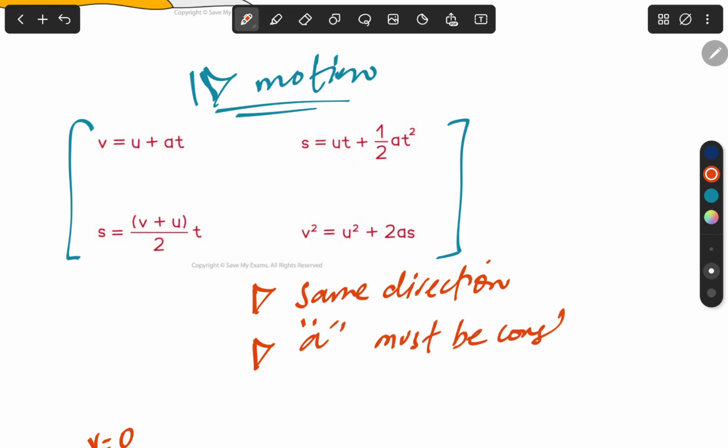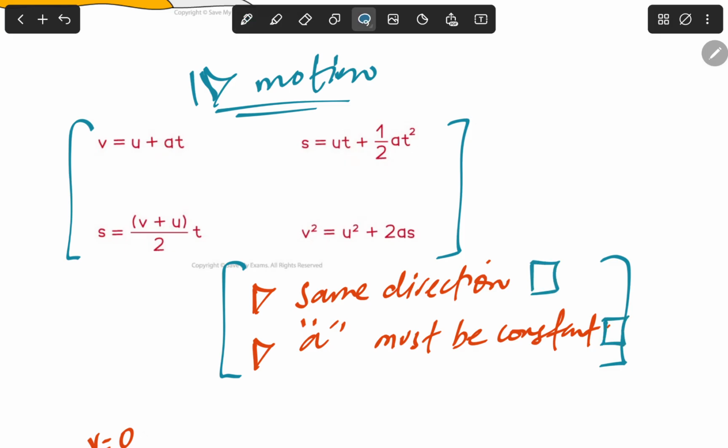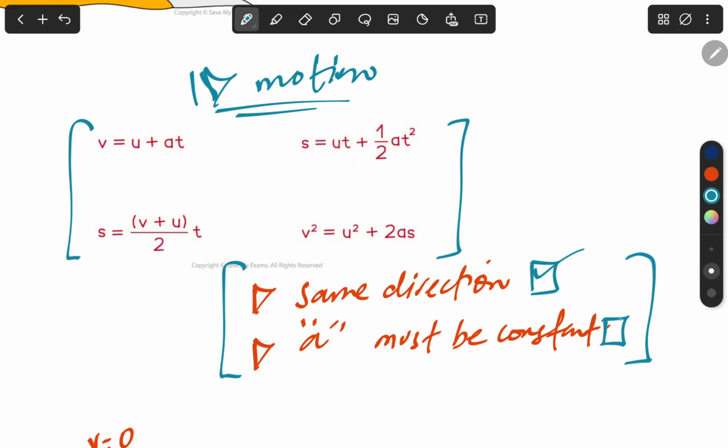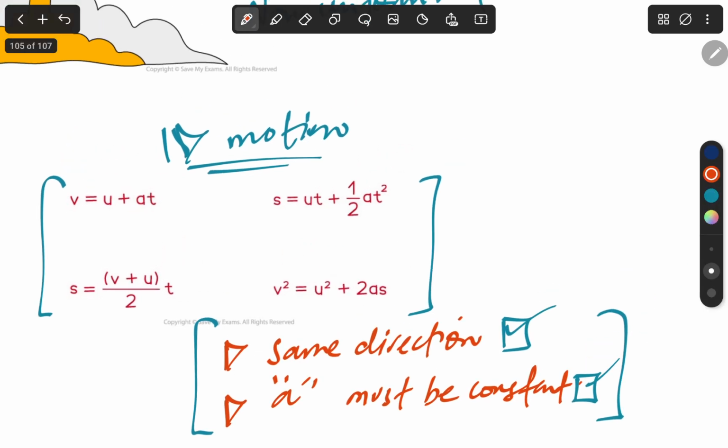These are exam-oriented rules, which will help you answer exam-style questions. You must tick both of them in order to answer the question.